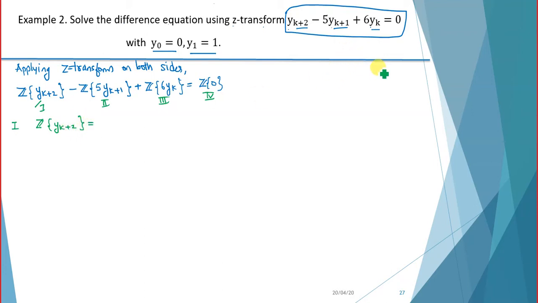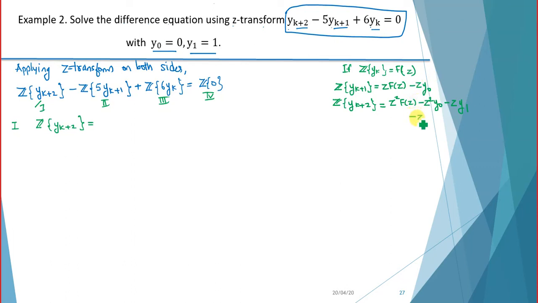So now we are going to use that formula. If Z transform of y(k) is denoted by F(z), then Z transform of y(k+1) is zF(z) minus z y0. Z transform of y(k+2) is equal to z square F(z) minus z square y0 minus z y1.